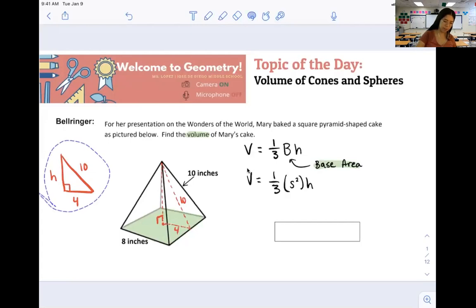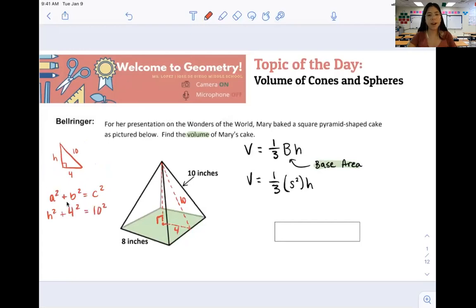See, Pythagorean theorem always comes back in ways you're never going to expect. A squared plus B squared equals C squared. So H squared plus 4 squared. Go ahead and find the height. And then once you have the height, find the volume.